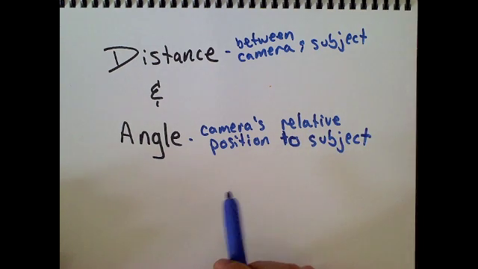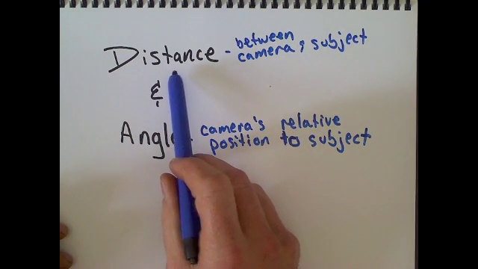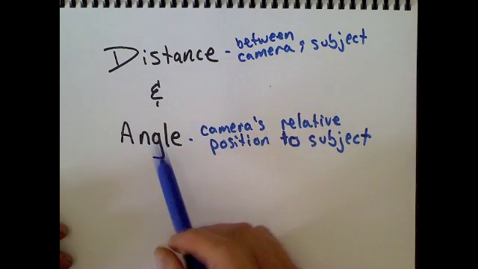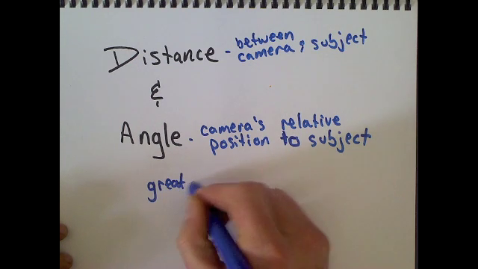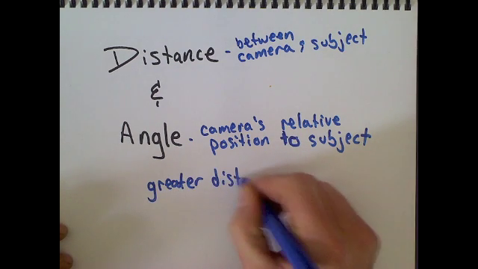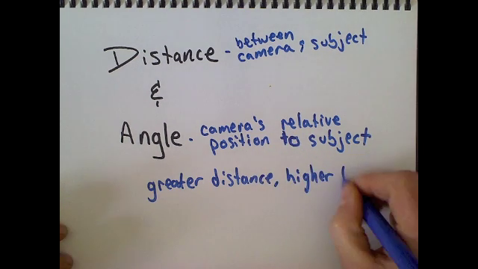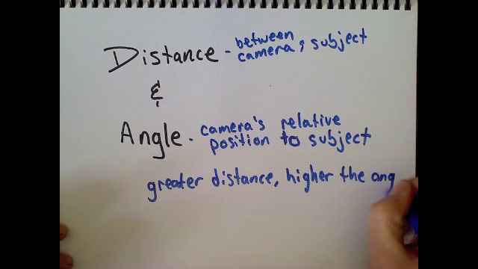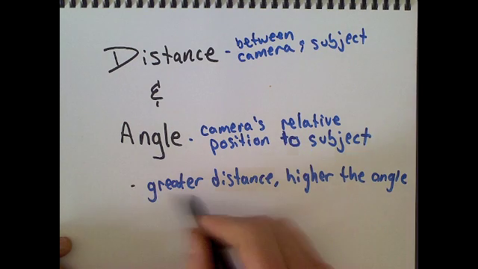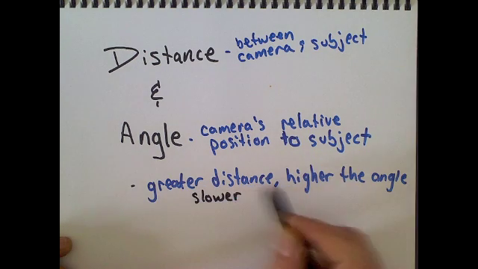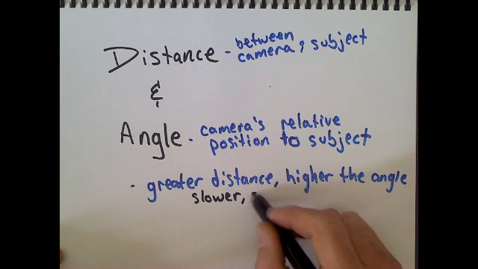So, the further away, so the greater the distance and the higher the angle, is going to cause shots to appear slower and will make events and people seem smaller.